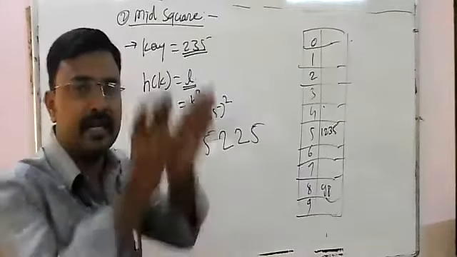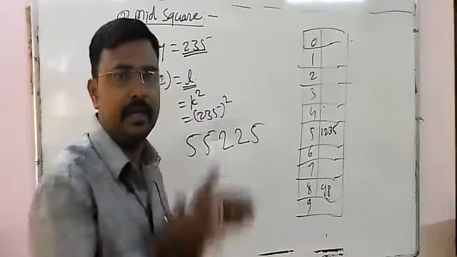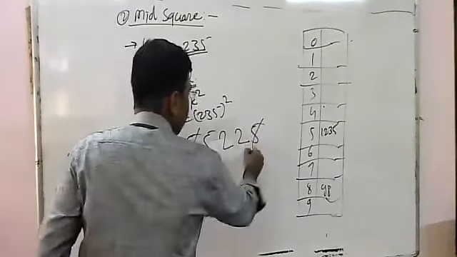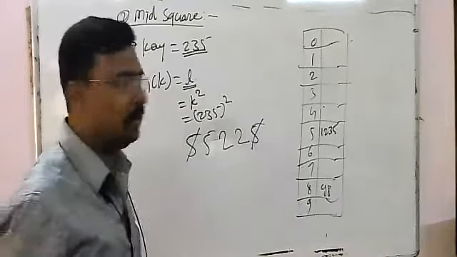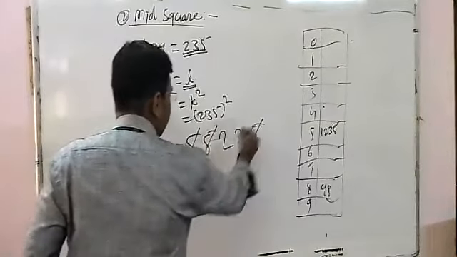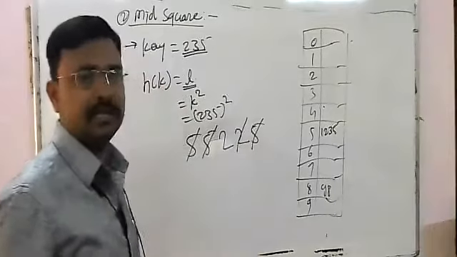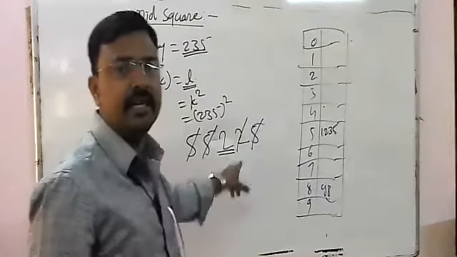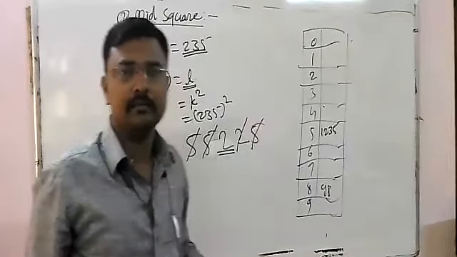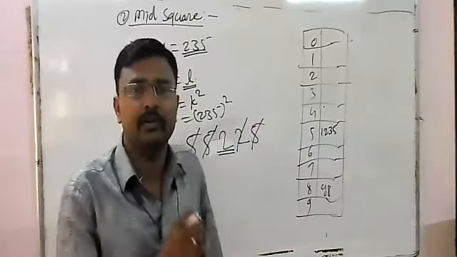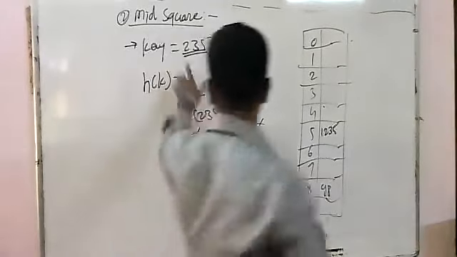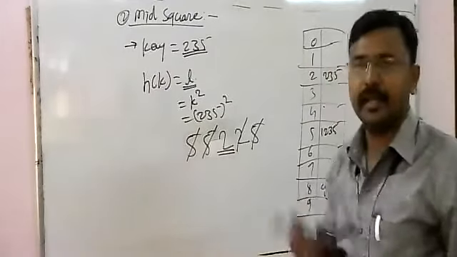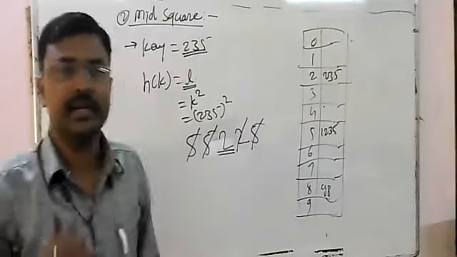We have to select the middle element. For example, remove this 5, one from the left side and one from the right side. Now, whatever is at the middle, that is the index value for that element. Means this element 235 is stored at index 2.